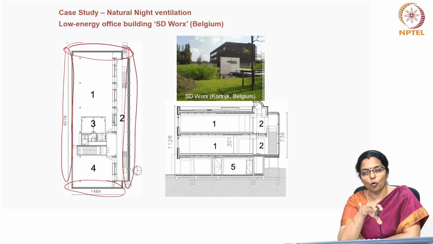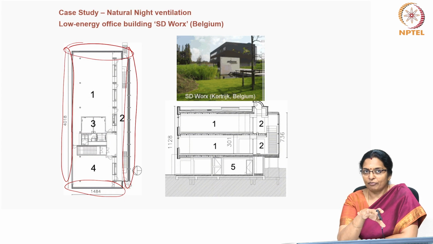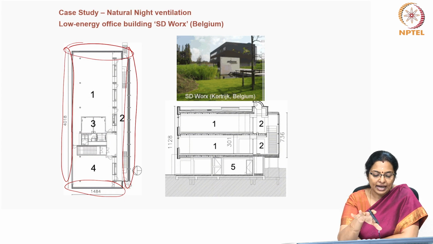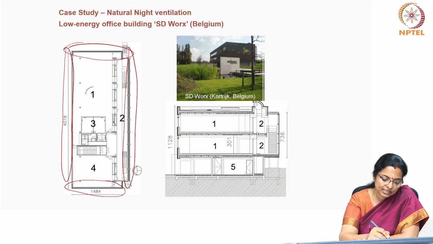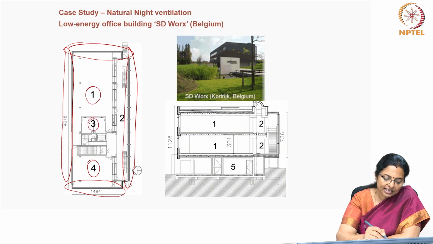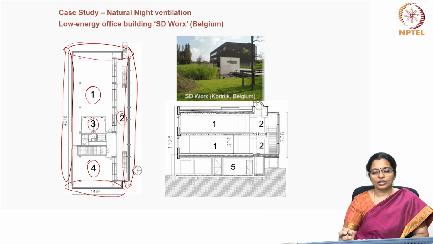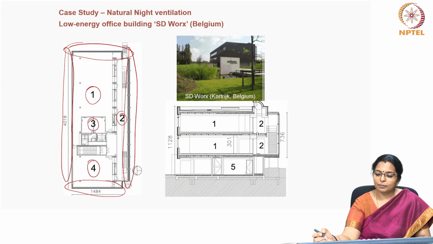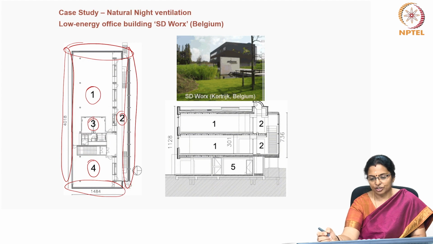So, in terms of orientation, they have played it very safe by having the shorter side along the east and west. The building plan comprises primarily of 3 or 4 types of spaces. First, 1 and 4 are office spaces, 3 is the core area and 2 is a long corridor along the west side, and it is a G+2 office building structure.